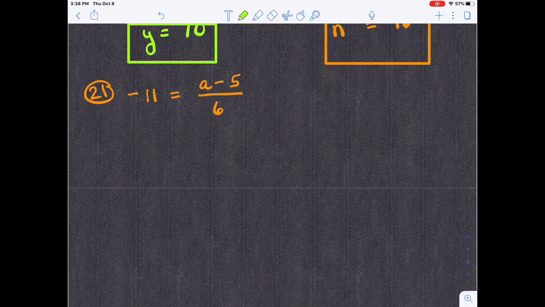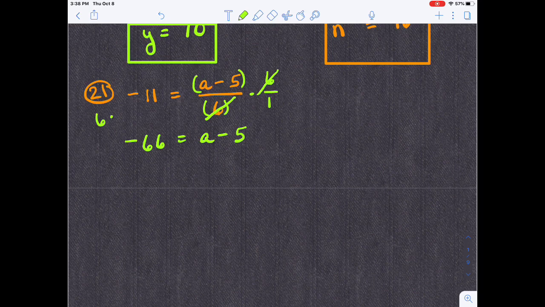I want to deal with the 6 on the bottom here. So let's times by 6 because that'll cancel. And I'm going to times by 6 over here. So this is -66 equals a minus 5. All the parentheses I'm putting on are just for my own thinking.